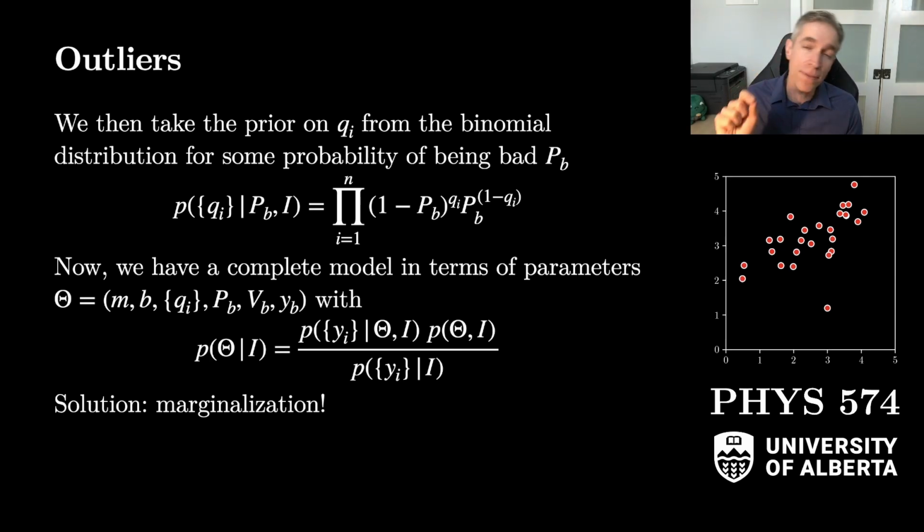So we're going to give this hyperparameter p sub b, which is basically the probability of being bad for a given datum, and then the PDF for that set of indicator variables is going to be a Bernoulli distribution, which is the probability of being bad to the qi, times the probability of being bad to the 1 minus qi.